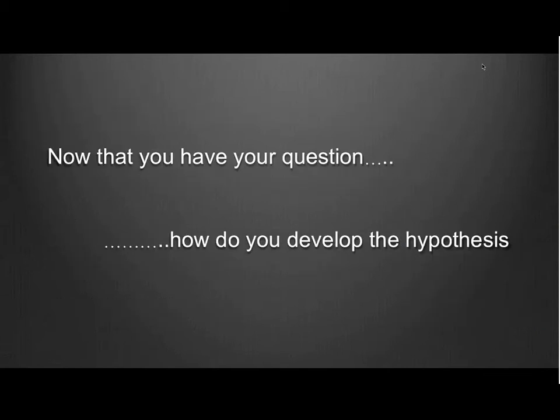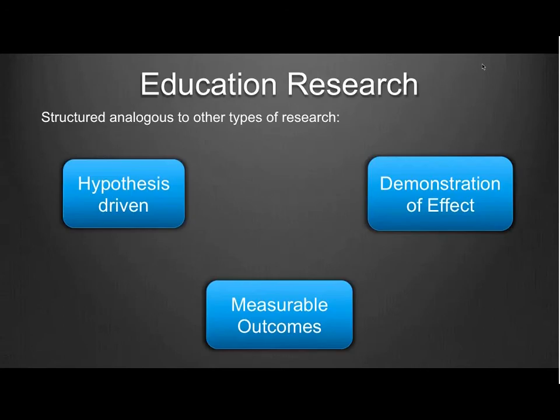So now once you have your question, you need to develop your hypothesis. A lot of times we think of education research as the soft sciences. However, it is really analogous to other types of scientific research. It sometimes doesn't seem that way, but it really has a lot of similar features, in the sense that you have a hypothesis that will give you some measurable outcomes.